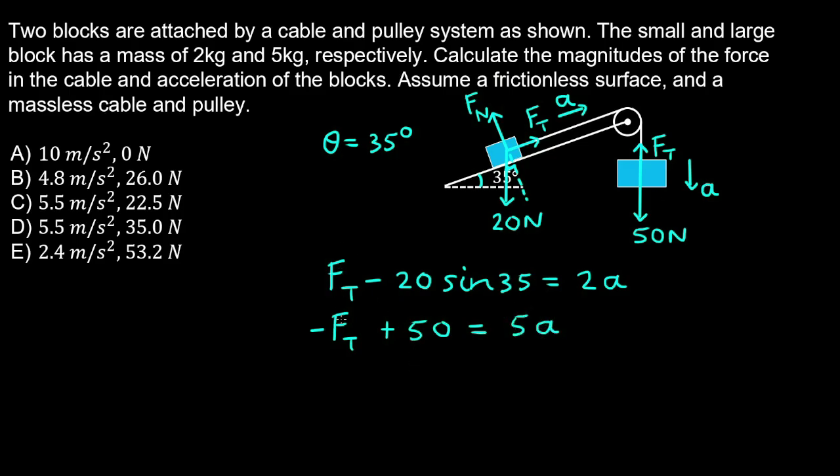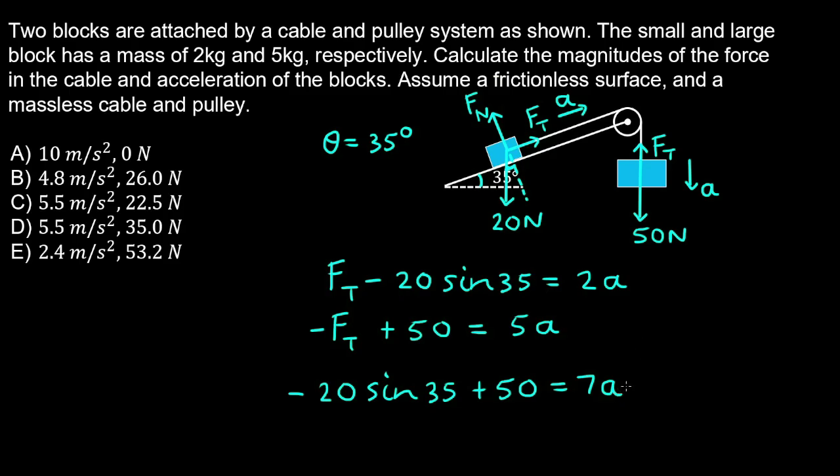So if we add these two expressions together, the tension force cancels, and we have minus 20 sine 35 plus 50 is 7 by the acceleration.